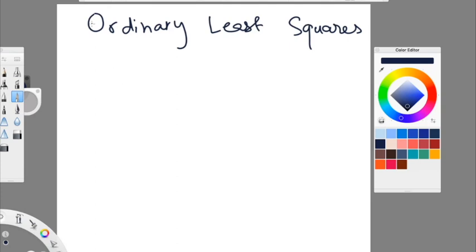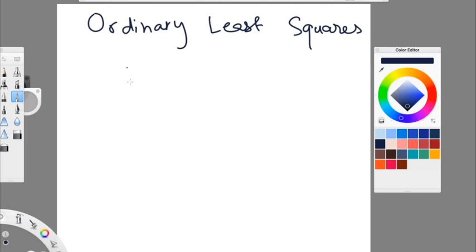Before I get into the maths of how to find the value of beta, I just want to go over the procedure and try to graphically explain how the software finds the values of beta 1 and beta naught for you.